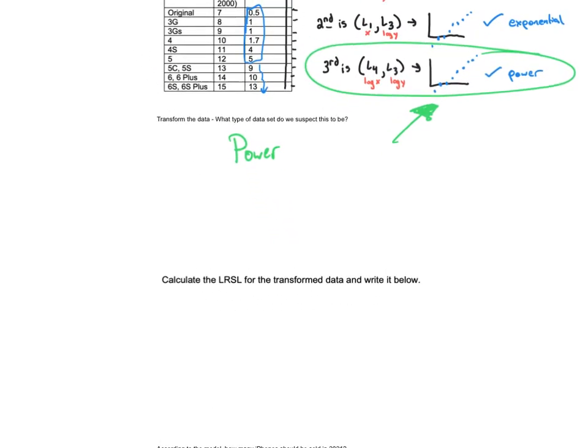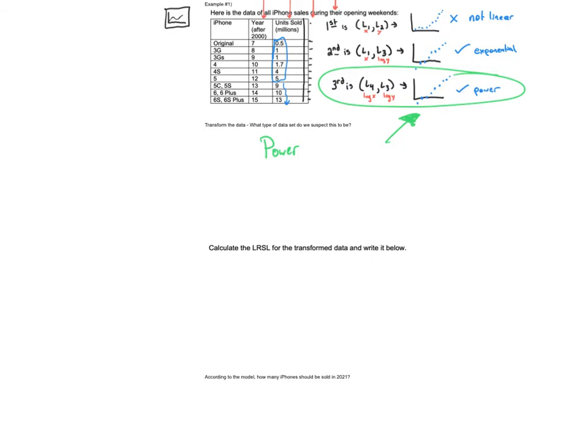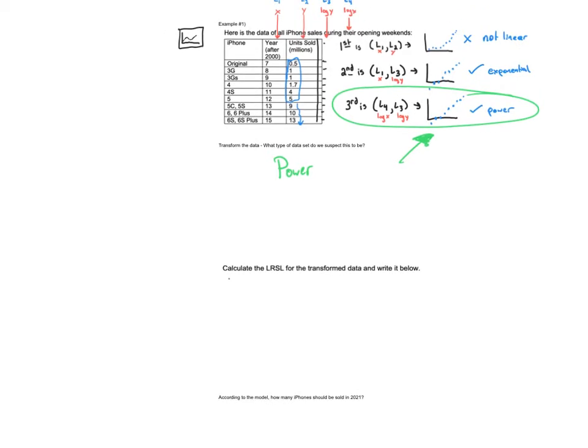It says calculate the least squares regression line for the transformed data. Okay, so now think about what we have done. We've done the log of this stuff. But here is what we're going to do in our calculator first. I will walk you through these steps.